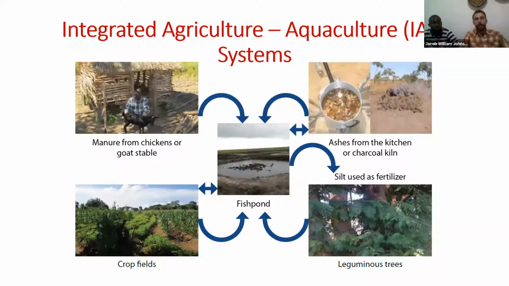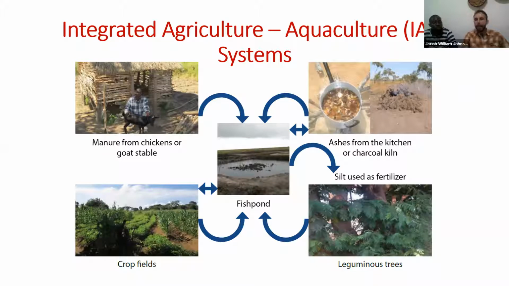So this practice that was commonly promoted is called integrated agriculture aquaculture. It's a way to introduce aquaculture into the farming system and manage it with low inputs using village appropriate methods.